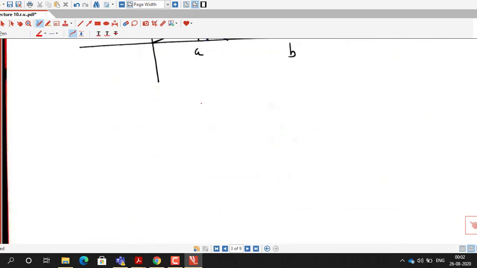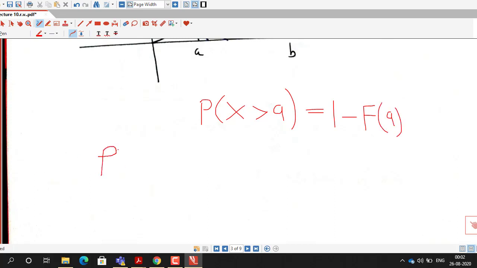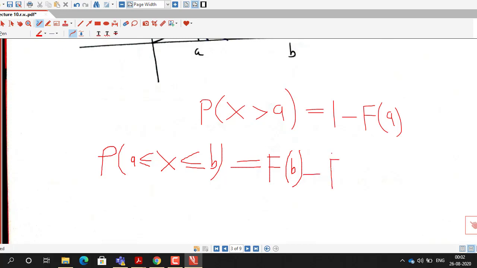So we have made two important remarks. If A is any real number, then the probability that X is greater than A is given by 1 minus the value of the CDF at point A. And the other remark is that the probability that capital X lies between A and B we can directly find as the value of the CDF at the right hand point minus the value of the CDF at the left hand point of the interval.